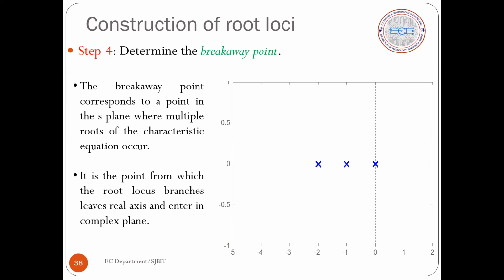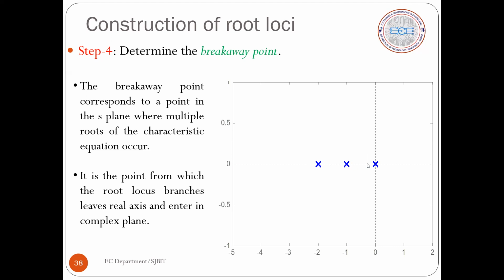Now, for the breakaway point, whenever root locus exists between two poles, I repeat, whenever root locus exists between the two poles, as we know that root locus originate from the pole, from both the poles we will find that the root locus originate. Take this example here. We have a pole at 0. We have a pole at -1. And we know that in this section there exists a root locus.